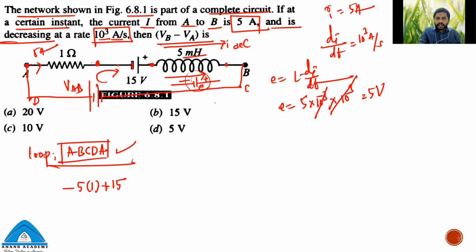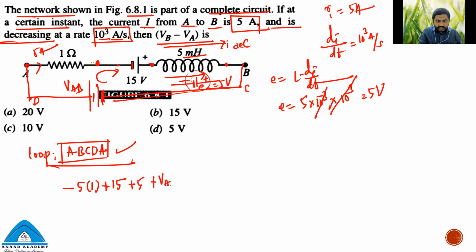It's 5 volt, and that 5 volt, listen carefully, we are moving, our loop is moving like this and touching the negative terminal. So that means it's plus 5 volt. So the E value is 5 volts, right? We are touching the negative terminal, that's plus 5 volts, and we are moving like this and touching the negative terminal.